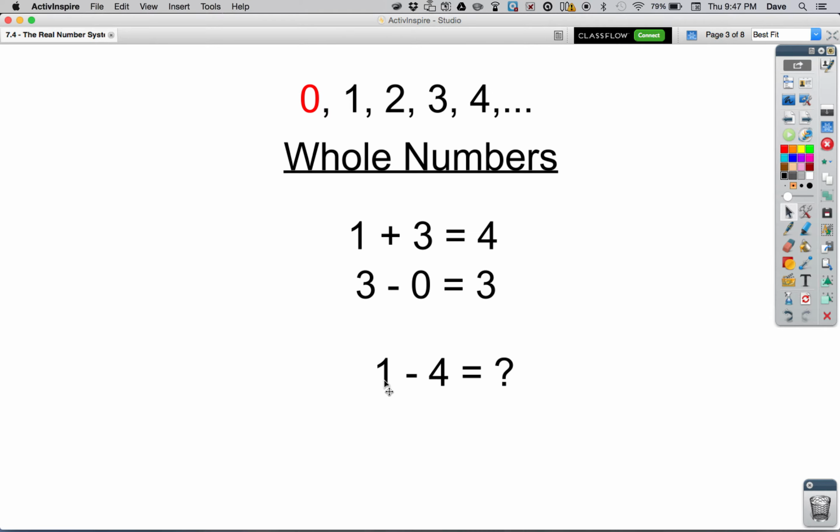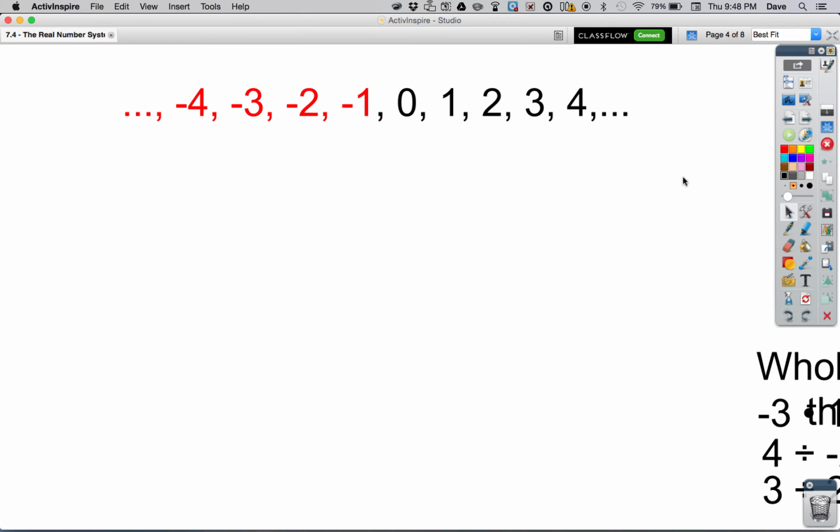But then another problem came up. What about this problem? 1 minus 4 equals what? Well, we know it's negative 3, but at the time, negative 3 wasn't a part of the whole number system. So somebody realized that we need to introduce the idea of negatives. And so the whole number system expanded to this: all the whole numbers, but then all of their opposites.